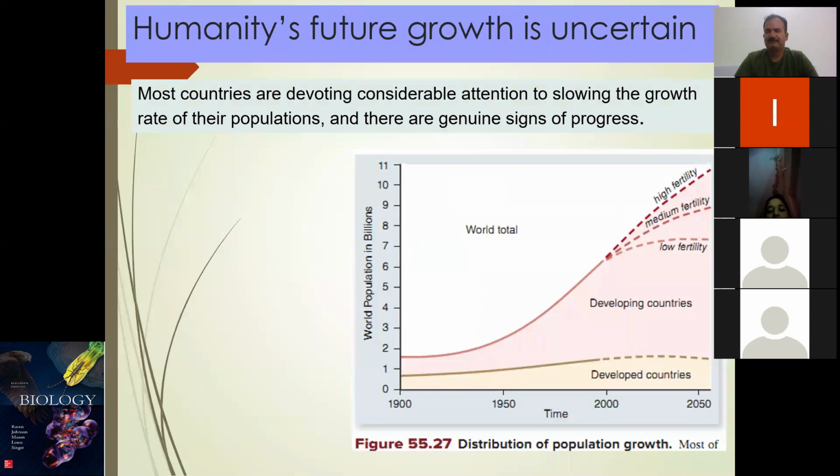And keep one thing in mind, our future growth is uncertain because many countries have devoted attention to slowing the growth rate of their populations. And there are some tremendous and genuine signs of birth control. You can observe the example of the population of Bangladesh and Pakistan.